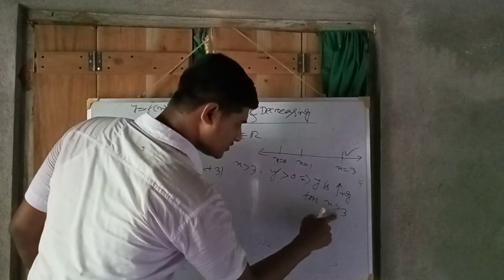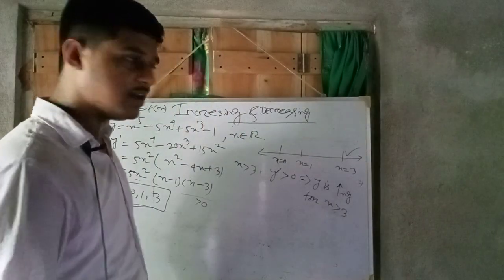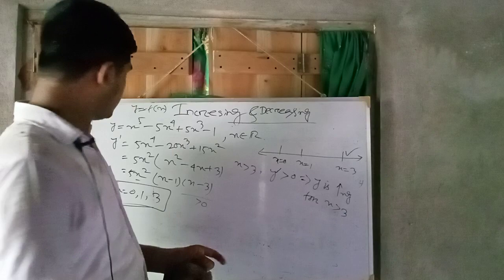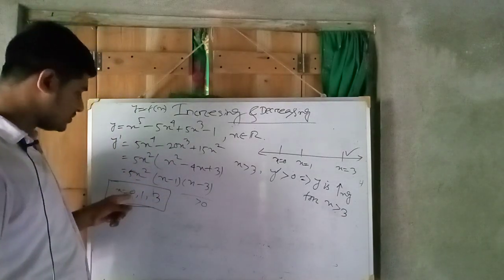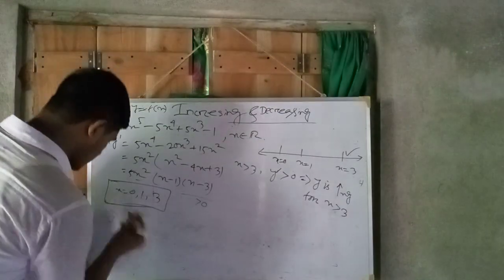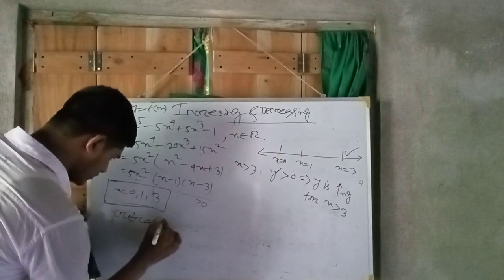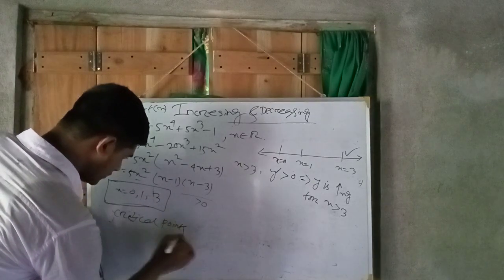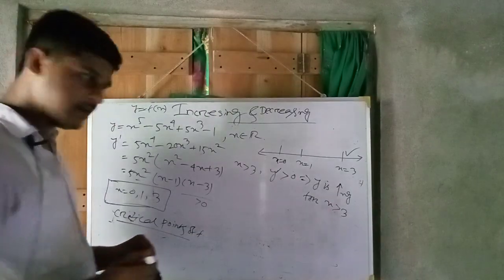This is actually not equal to, it is strictly greater than 3. At x equals 3, y dash vanishes. This is the critical point, so critical points of f.